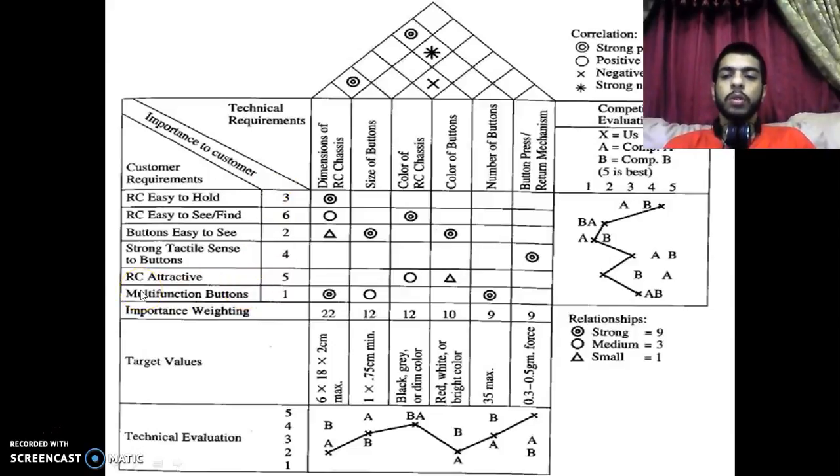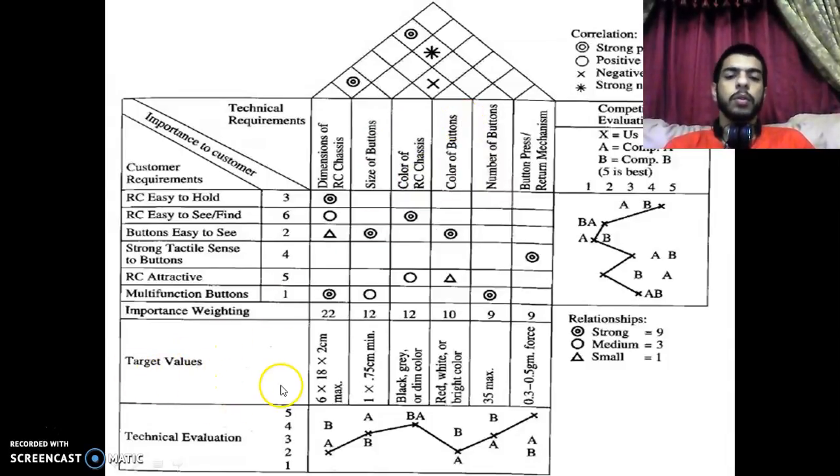So we have multi-function buttons, remote control should be attractive, easy to see, easy to find, and easy to hold. And here we have the technical requirements like dimensions of the remote control, size of the buttons, color of the remote control, color of the buttons, and other things.